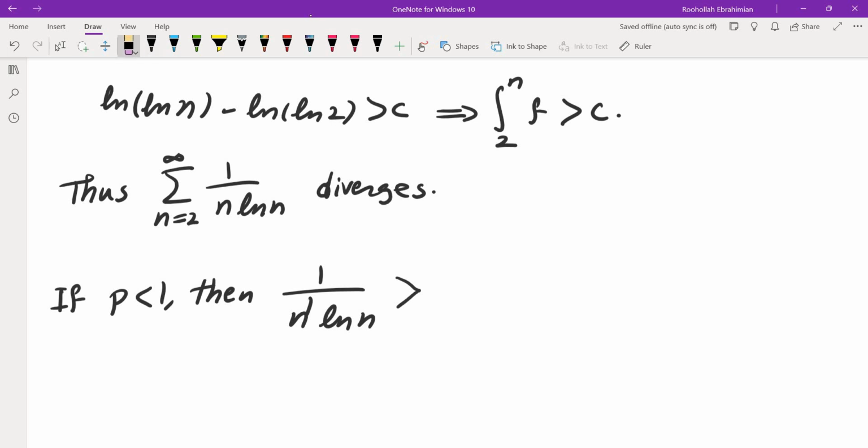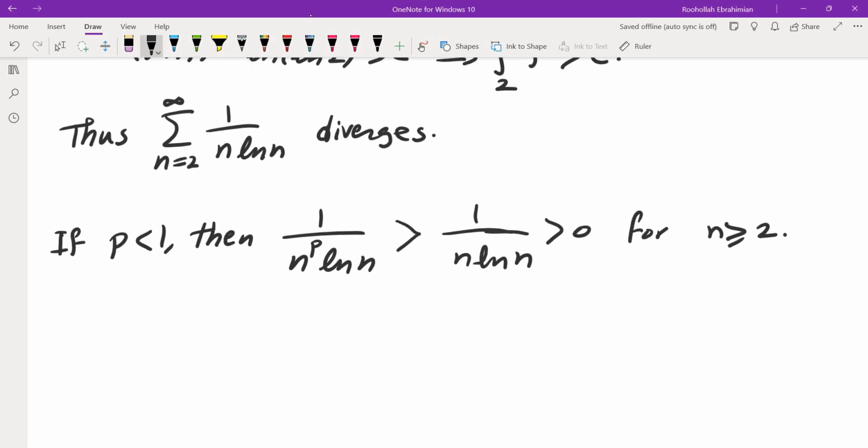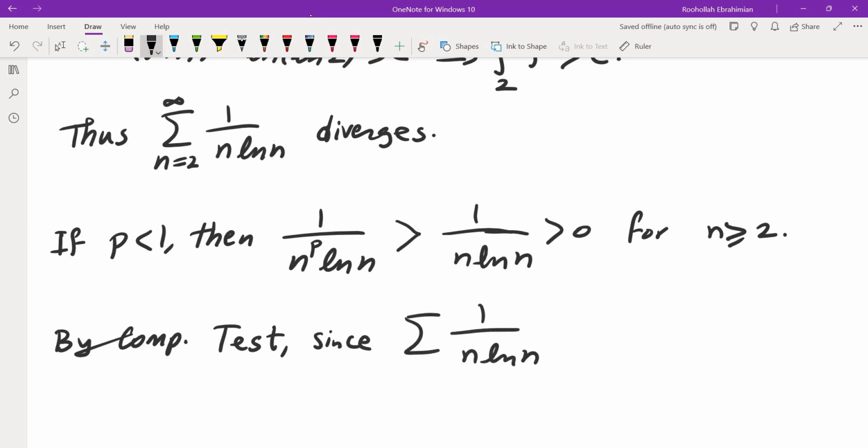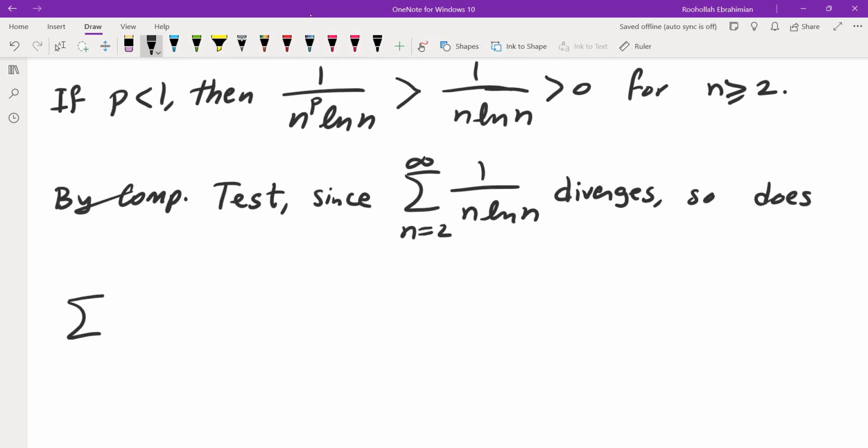Since it is in the denominator, I have to flip the direction of the inequality, and this is clearly positive for n greater than or equal to 2. So by the comparison test, since the sum of 1 over n natural log n diverges, so does the sum of 1 over n to the p natural log n.